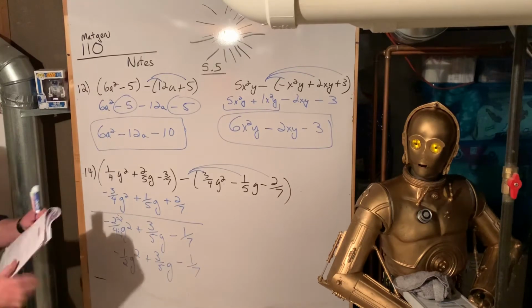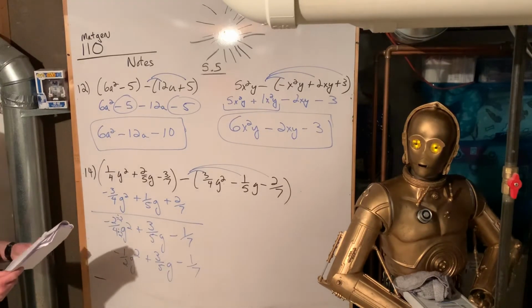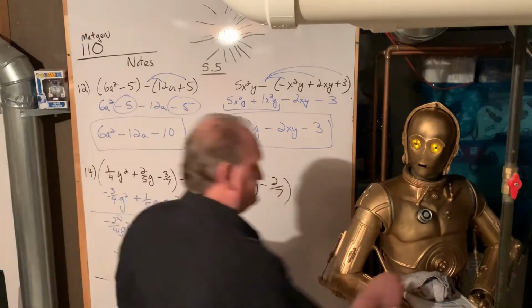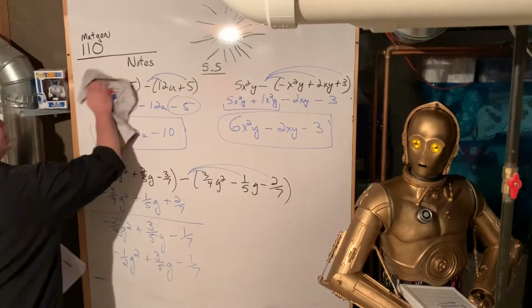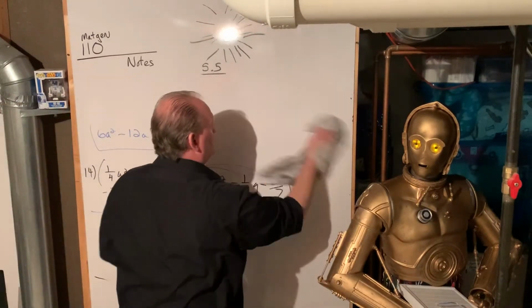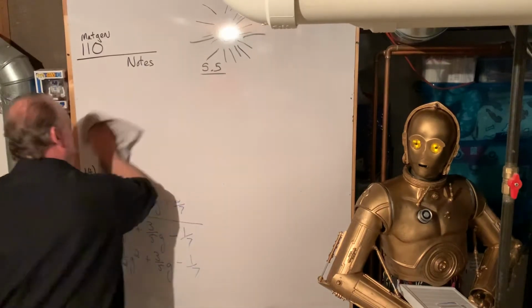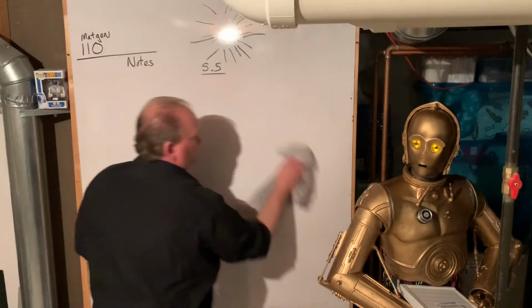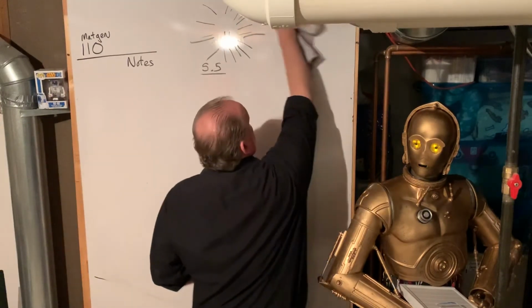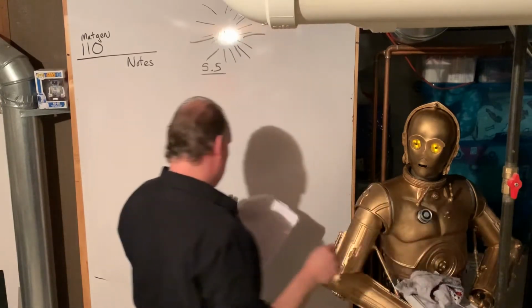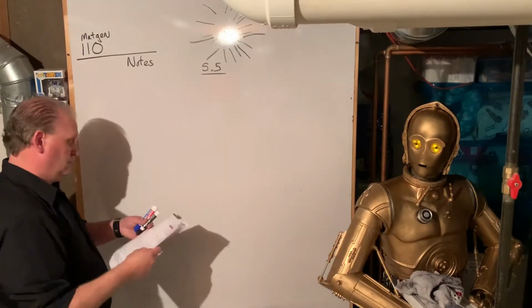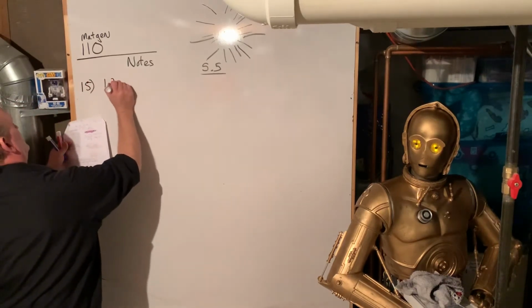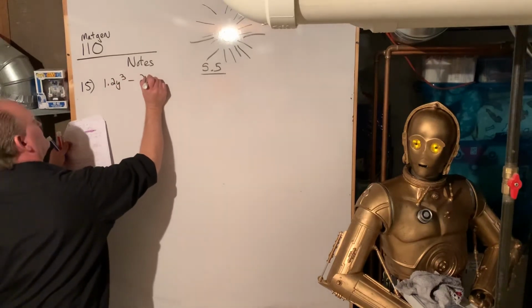All right. Let's continue. We'll look at 15, 16, 17, and 18. So 15 is already set up in a vertical format.